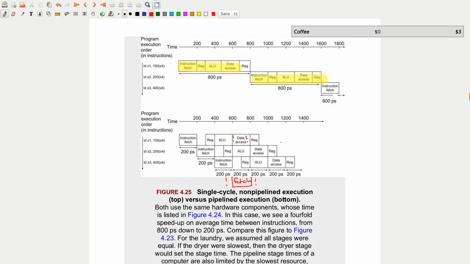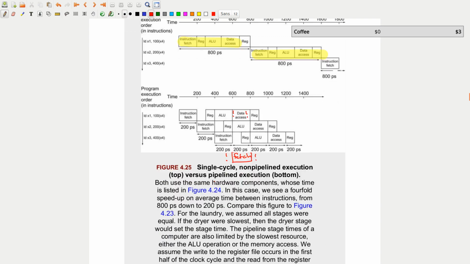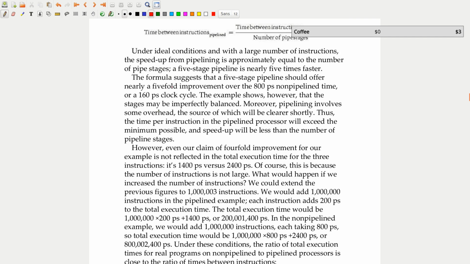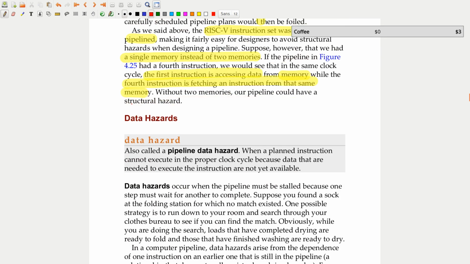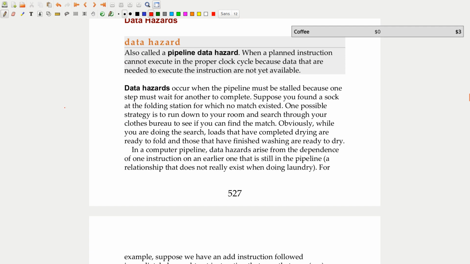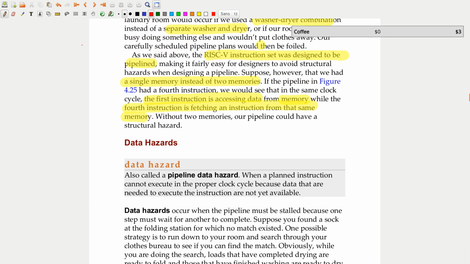So if we only had one memory structure, this would be a structural hazard. However, in the model that we're considering, that's not possible because we do have a separate instruction memory and data memory. So let's talk about data hazards.